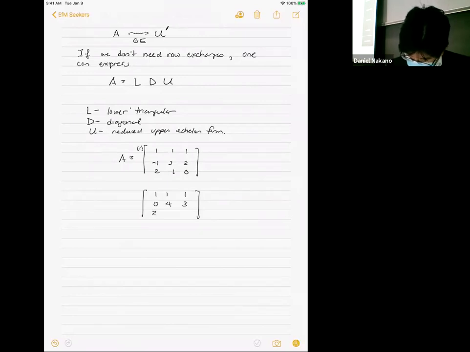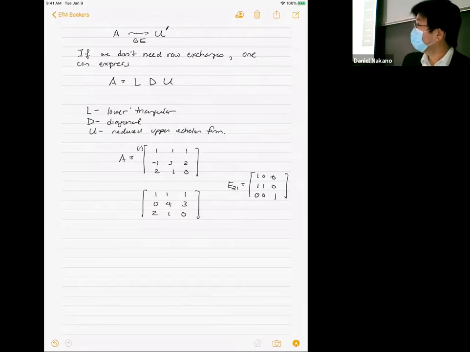And then we keep this row the same. Now, in order to get from the first matrix to the second matrix, I'm applying an elementary matrix E21 on the left of A, and it's just 1, 0, 0, 1, 1, 0, 0, 0, 1. Okay, is that clear?